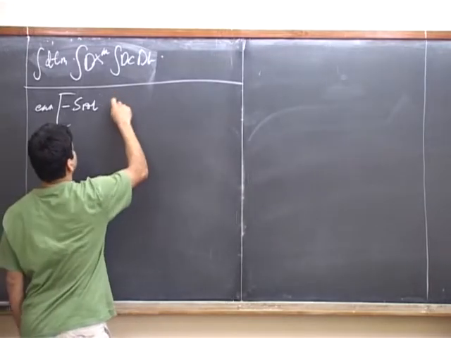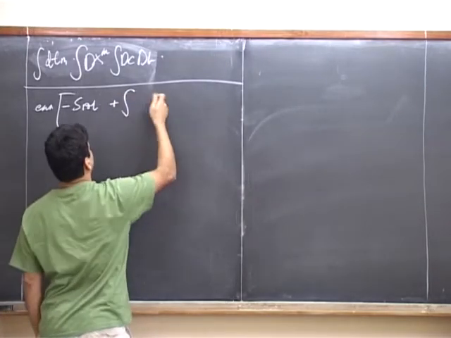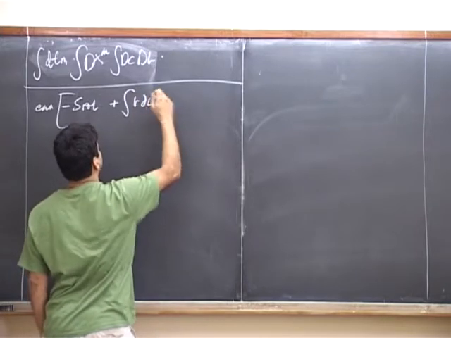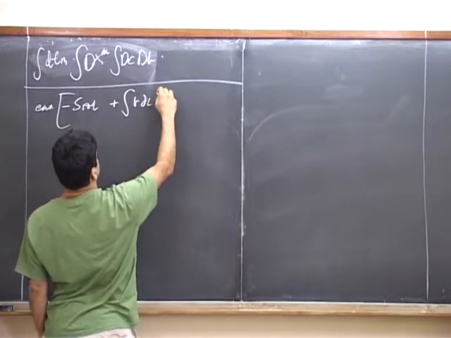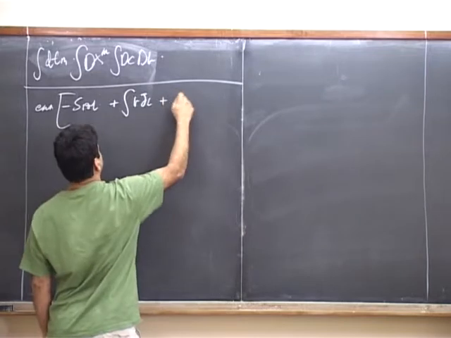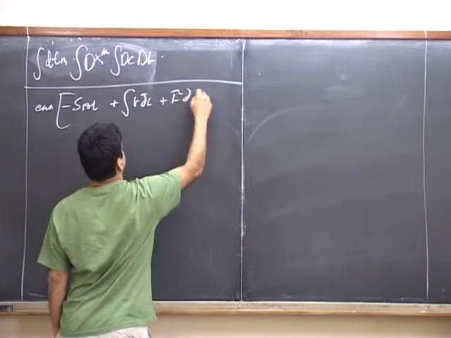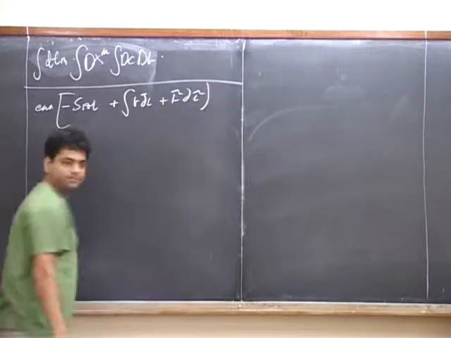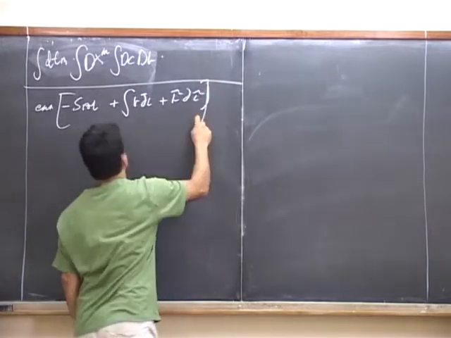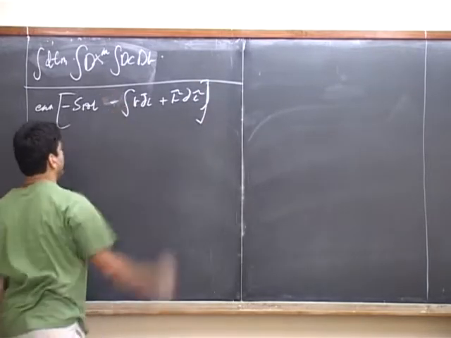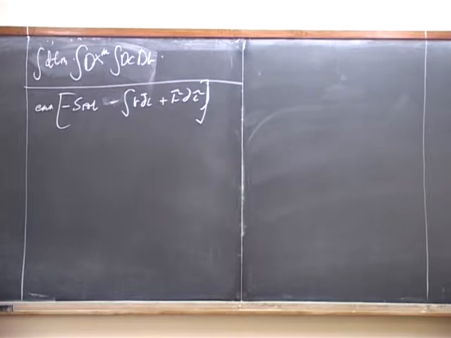But then to that you added the BC action, B del C plus B del bar C plus the conjugate. The B and C came from the Faddeev-Popov procedure, as we discussed in detail in the previous class.